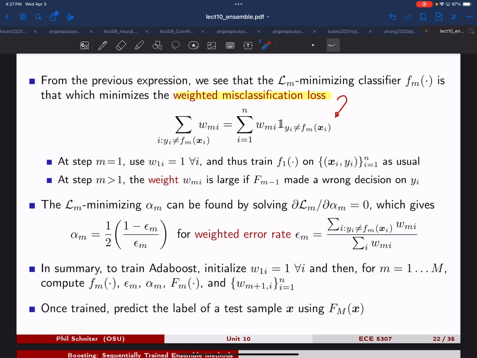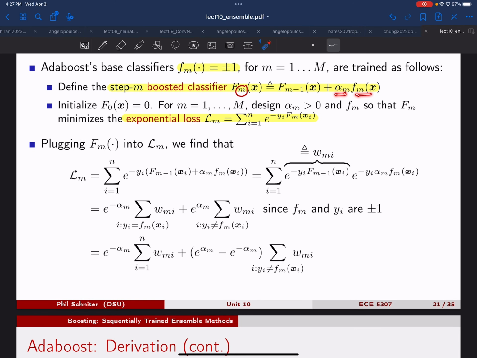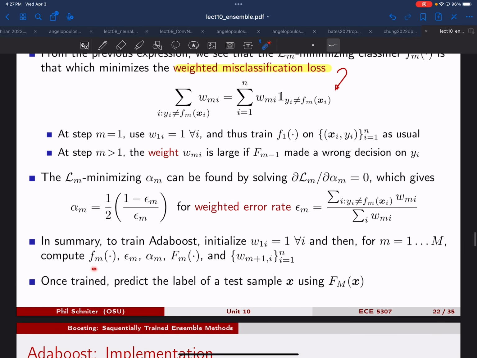Once we've trained fm, we can then compute epsilon m, then we can compute alpha m, and then once we know both of these terms, we can add them onto our previous boosted classifier to get this, capital Fm, and once we know our capital Fm, we can essentially compute the weights for the next stage. And then we repeat the process. So essentially, we just do that until we're done, until we've gone through all our stages. And once we've designed everything, we use capital M as our final boosted model.